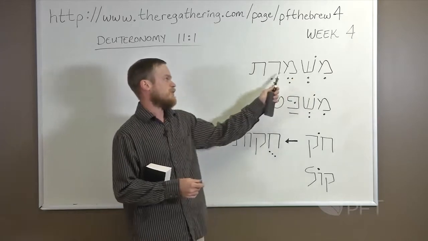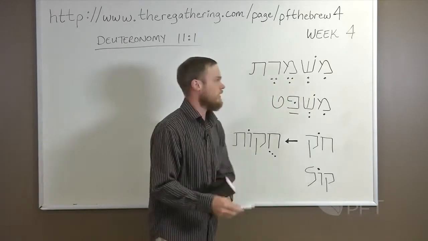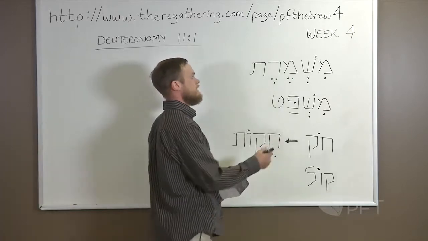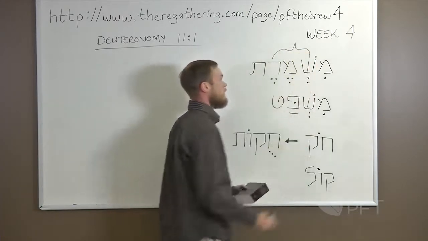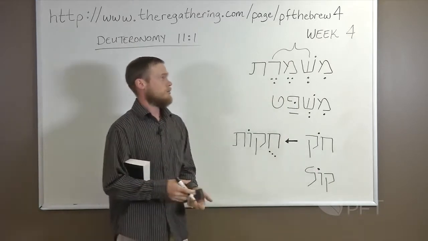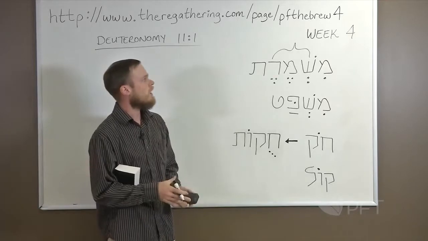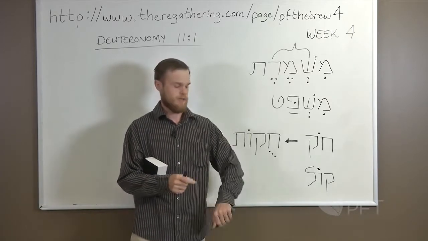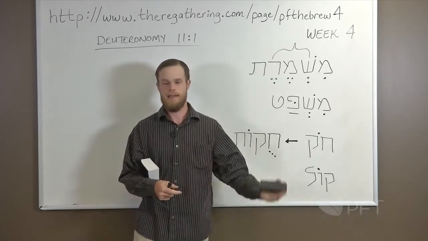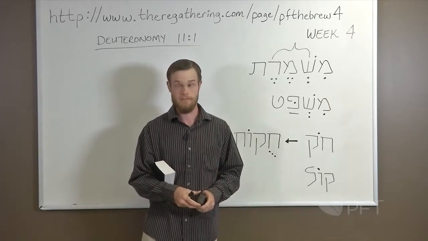One of them is mishmeret. You may be able to identify the root of this word. It is shin mem resh. There's our root. And shin mem resh means to guard or to keep. Mishmeret means a watch. Not a watch as in a wristwatch, but a watch as in an assigned time period for a watchman.